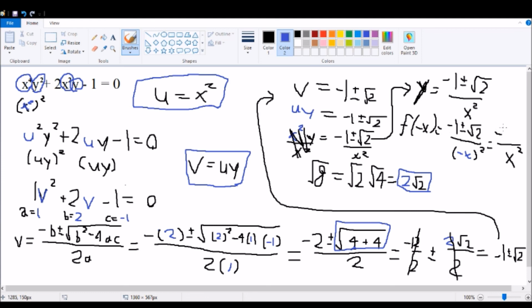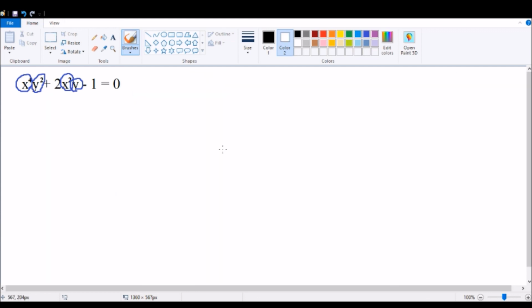And again, we're going to have the -1 plus or minus the square root of 2. And would you look at that? That's the same as the regular f of x. And so we just proved that this is an even function, which means that it's going to reflect across the y-axis, which is how we got b as our answer.